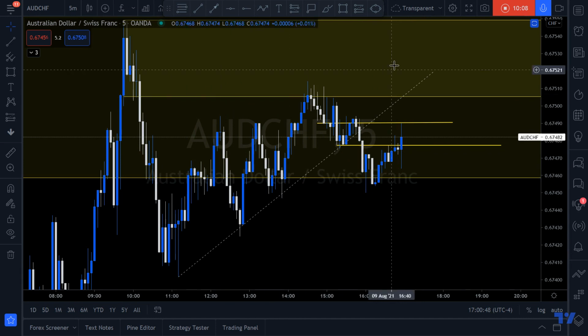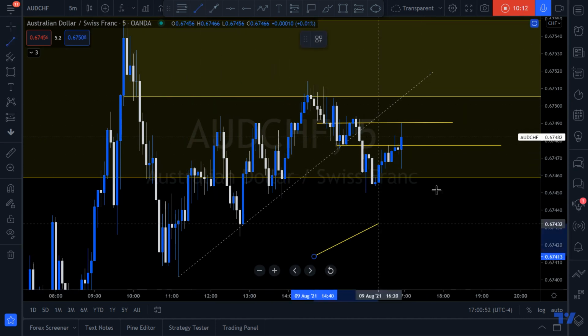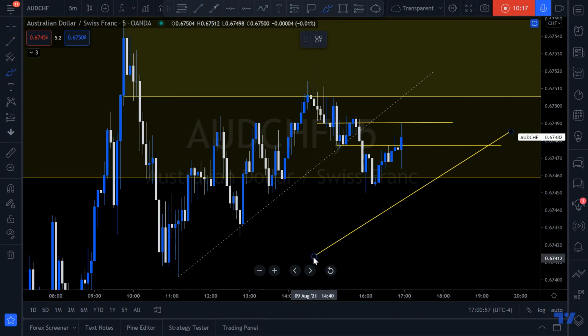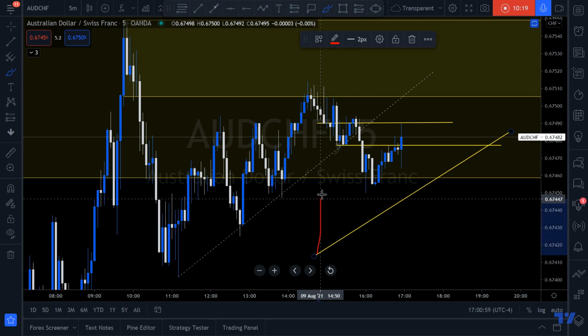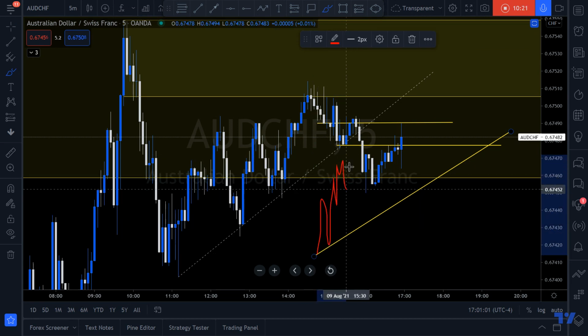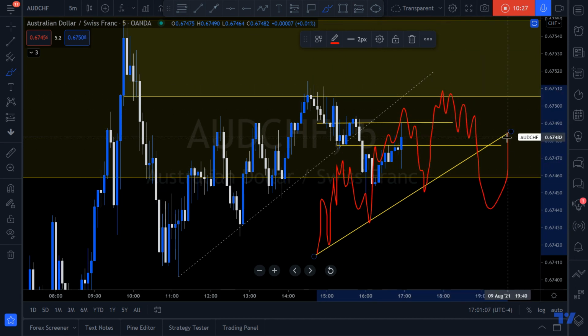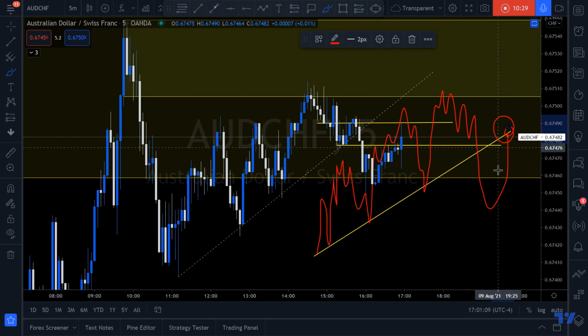I have this diagonal line here because sometimes what you'll get is price will do this, come back to the line, do this, come back to the line, and then break through that line, come back and retest, form an order block right there.